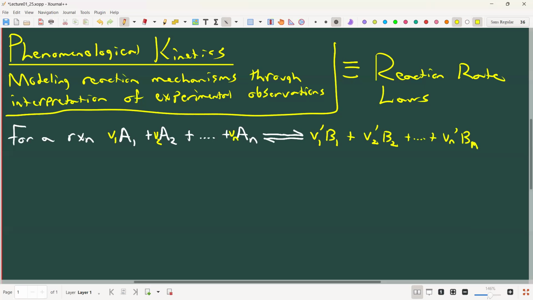So we have n reactants, or maybe we have m products, we'll write this as m instead of n.